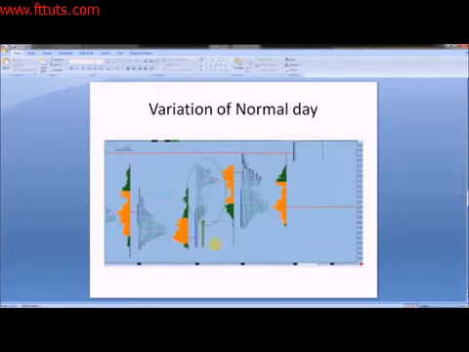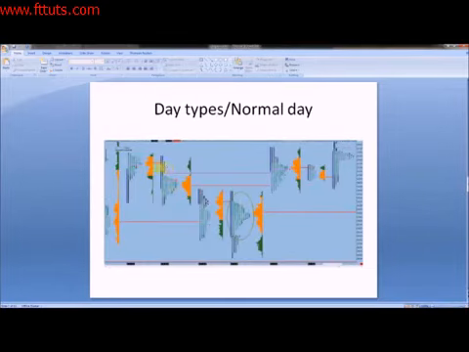Your variation of a normal day is where I'm talking about getting those B prints and those P prints. There was actually one on the S&P here, so actually we'll go back. This is a very nice P print. So you can see that the market opens down here. It has got a large shift. Slightly lesser initial balance than obviously the normal day.